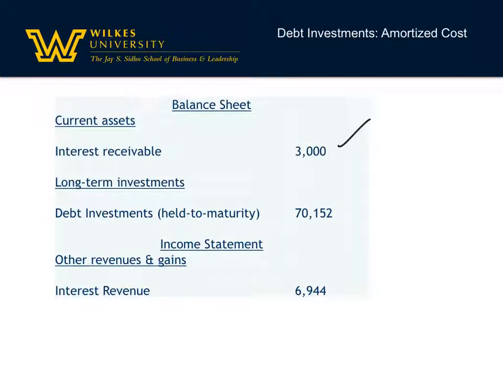You've got your long-term investments that you're properly labeling debt investments held to maturity because you're holding on to that bond at $70,152. And your interest revenue from the year is a total of those two journal entries that you made at $6,944. That's how you handle debt investments with the amortized cost method.